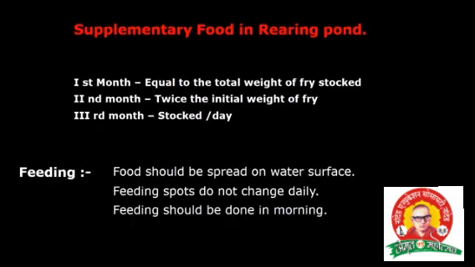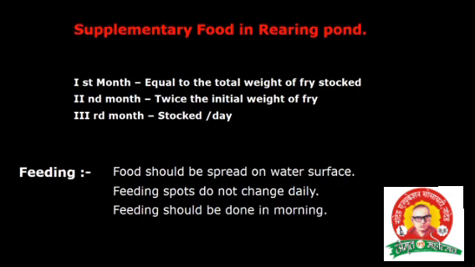Right? About the food and feeding habit. First of all, in the first month, we can give feed equal to the total weight of fry stocked. Some scientists, Alikunhi and Hora, experimentally observed that in the first month the feed is equal to the total weight of the fry stocked. In the second month, twice the initial weight of fry. Then in the third month, feed per day.